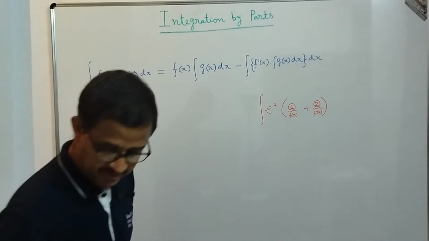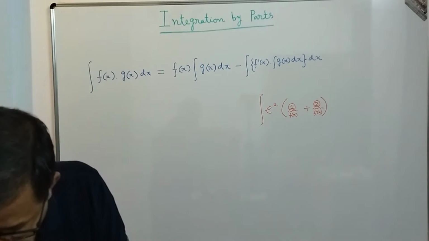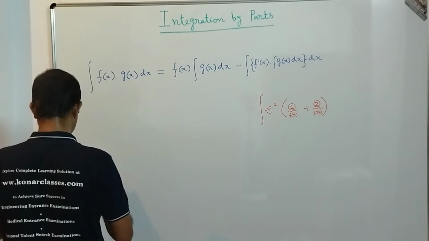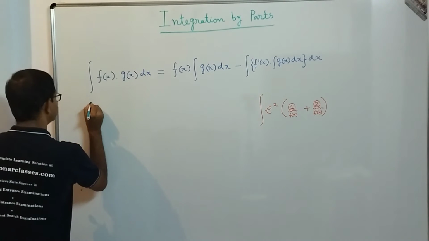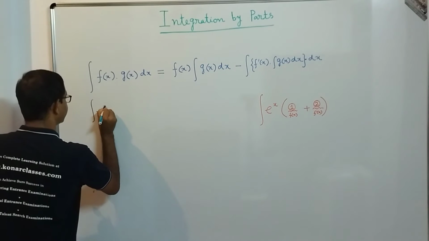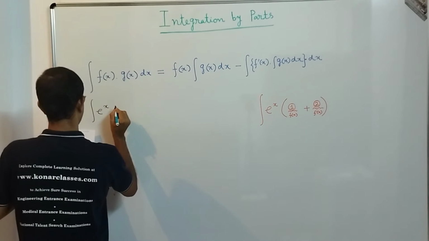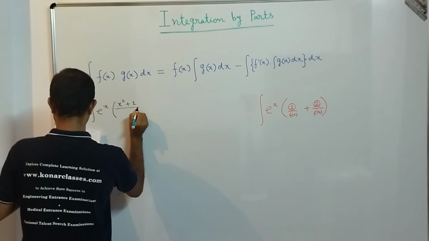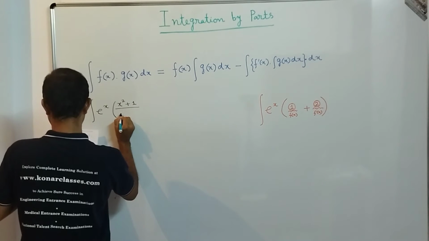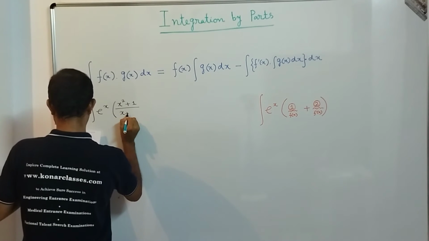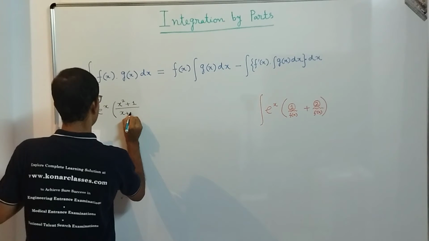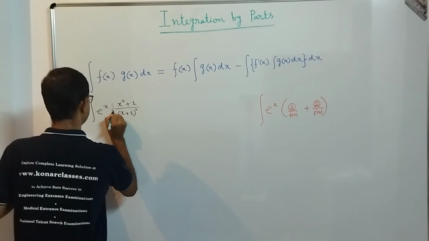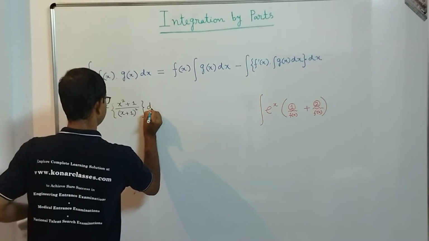Okay. So let me write down this question first. The question here is the integration of e power x into x square plus 1 divided by x plus 1 complete whole square dx.